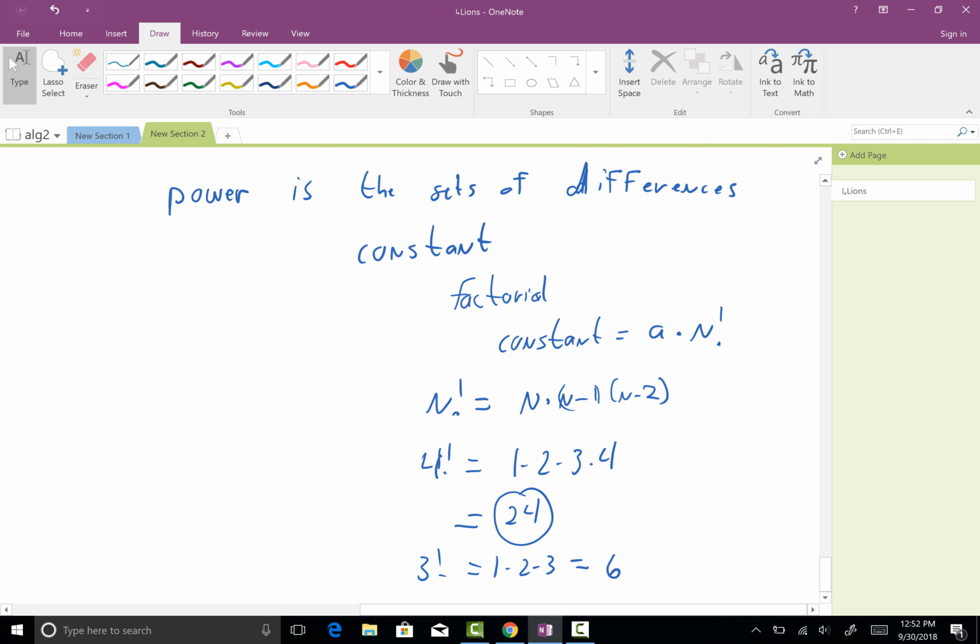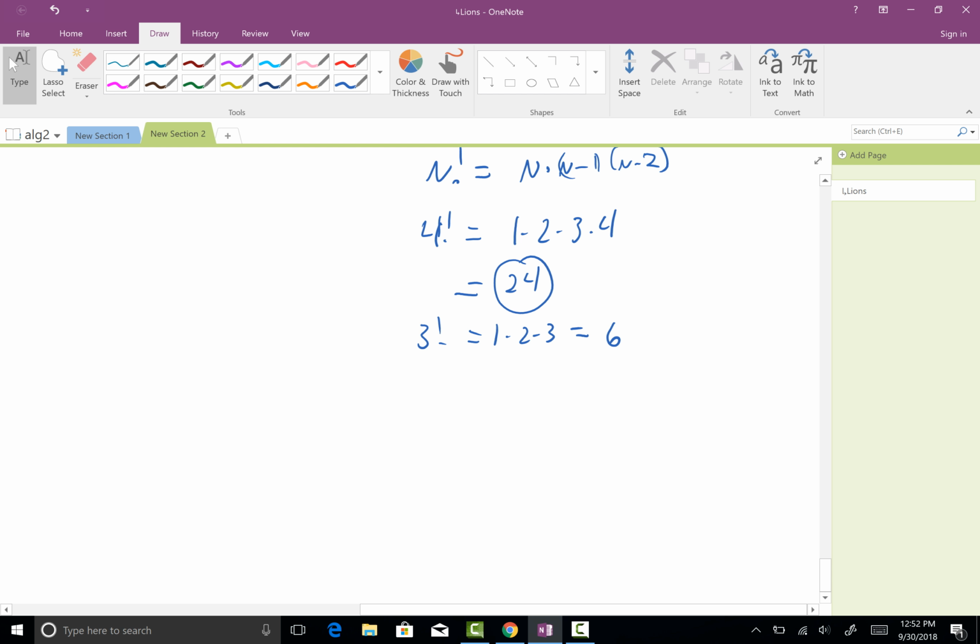But I want you to see that these are all functions, and you should be able to tell what kind of function we're going to have by looking at the sets of differences. Whether it's linear, whether it's a curve, and we call it the degree of the curve. Okay? So for example, we might say that the degree of a polynomial function is the highest power of the polynomial.